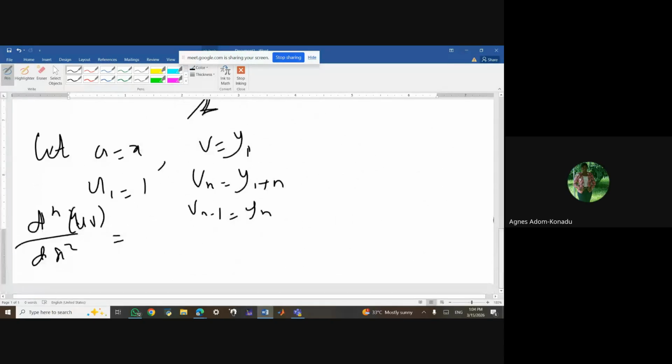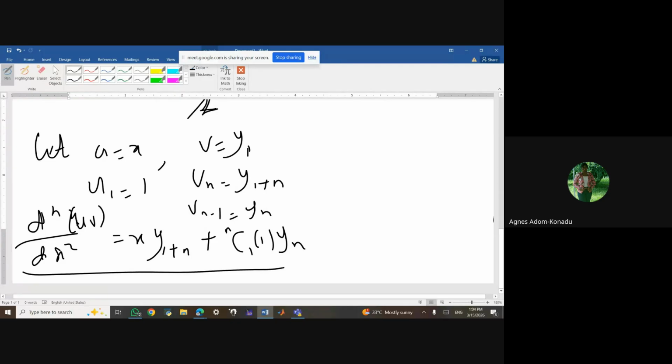So my u is x, and v_n is y_{1+n}, plus n combination 1, then the first differential of u, which is 1, and then the next differential of v, which is y_n. This is where I will end, because if I find the next term, it means I have to find the second derivative of u, which will be 0. So the nth differential for the second one is this.